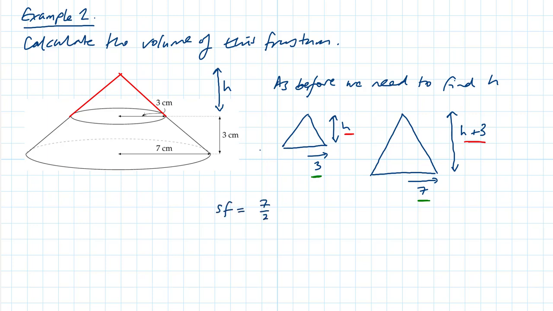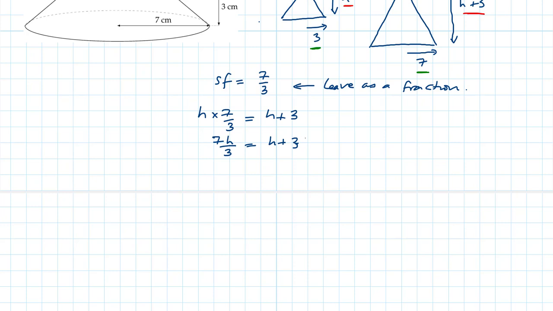My scale factor here this time is 7/3, and I'm going to leave this as a fraction. Just as we did before, we know that by similarity h times 7/3 equals h plus 3. Slightly harder question this one is, and as we did on the previous video, we've got our fraction here, so the best thing to do first of all is multiply both sides by 3 to get rid of the fraction.